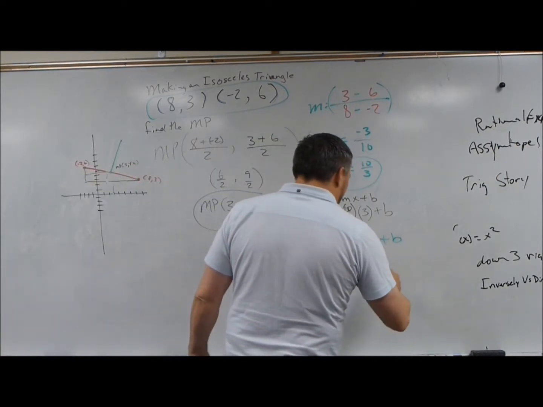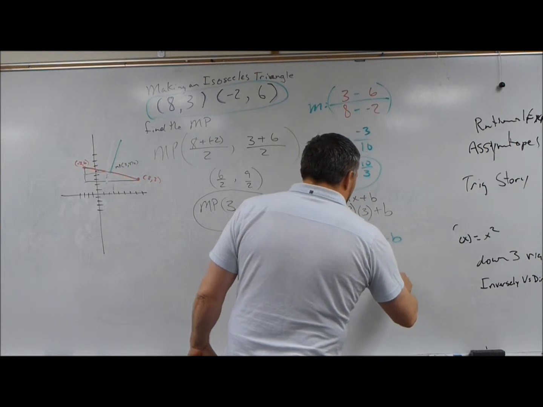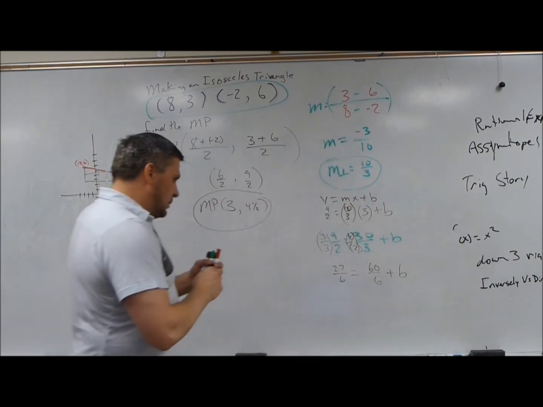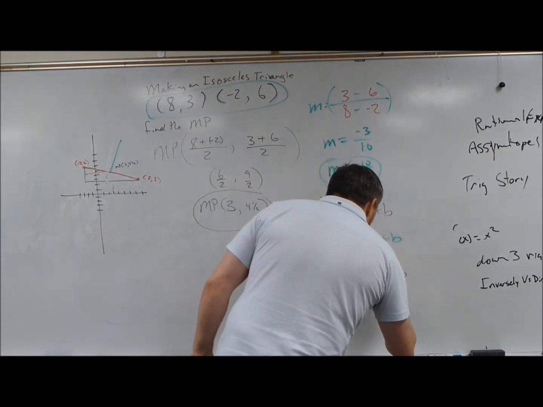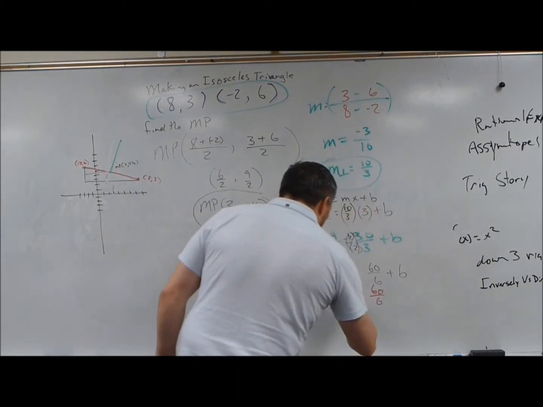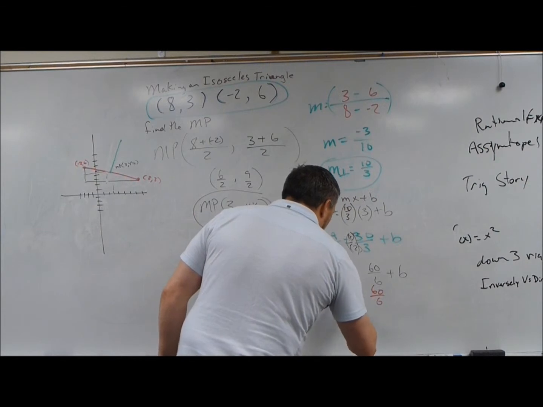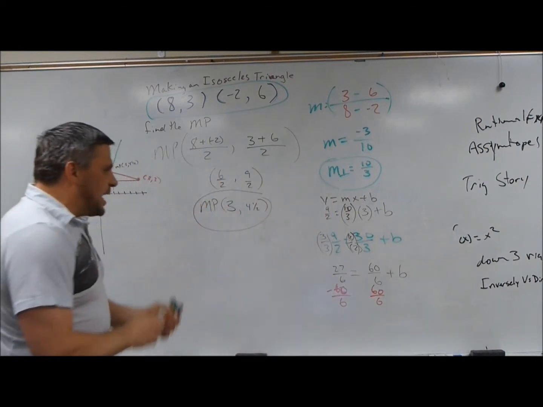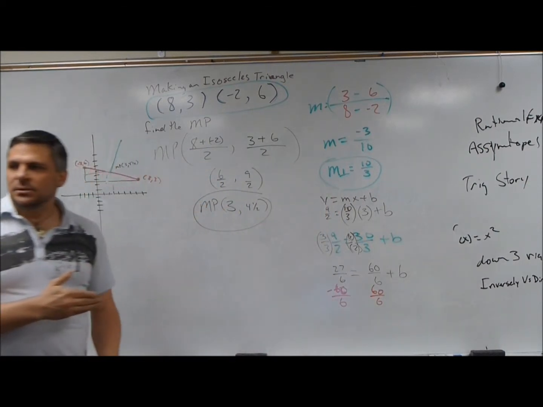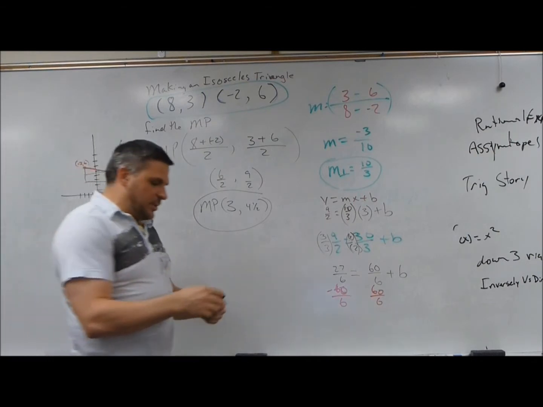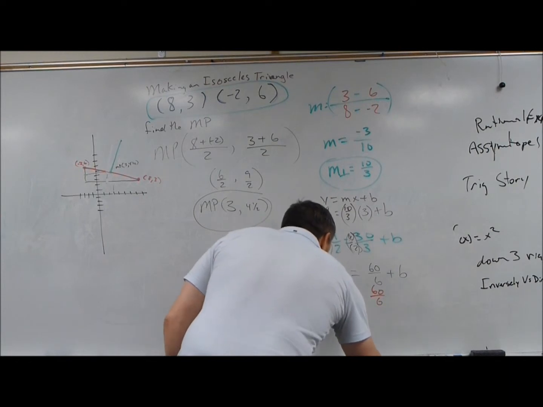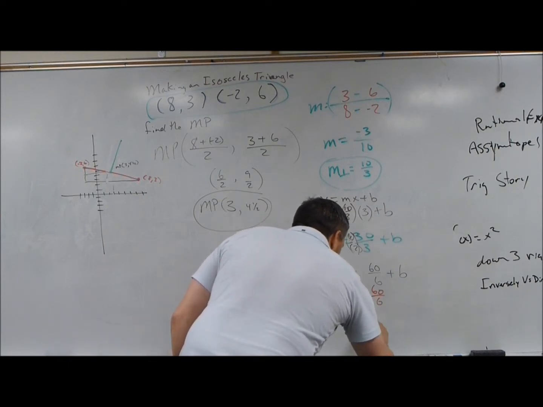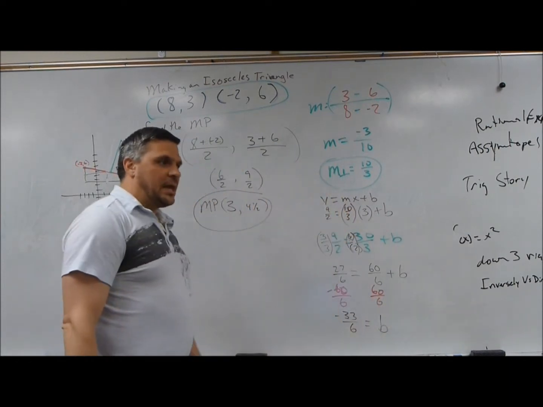So now I got plus b, okay? And I'm going to subtract 60 over 6 from both sides. So I'm subtracting 60 from 27, okay? So that's going to leave me with negative 33. Negative 33 over 6 is equal to b, okay?